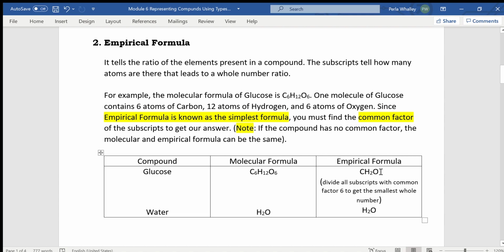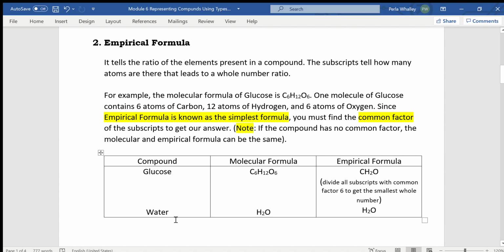And oxygen will become 1, 6 divided by 6. But remember, there's no need to write 1 in the formula because it is understood that if there is no subscript, the number of atoms is 1. Okay?